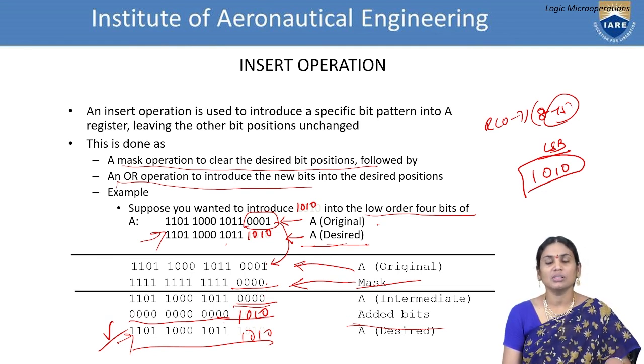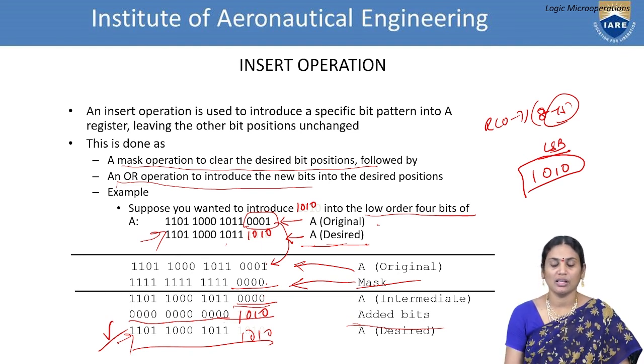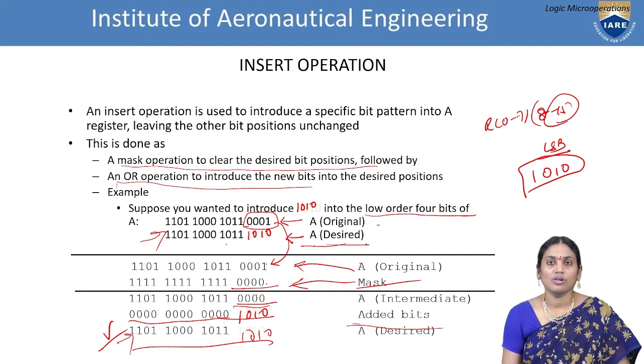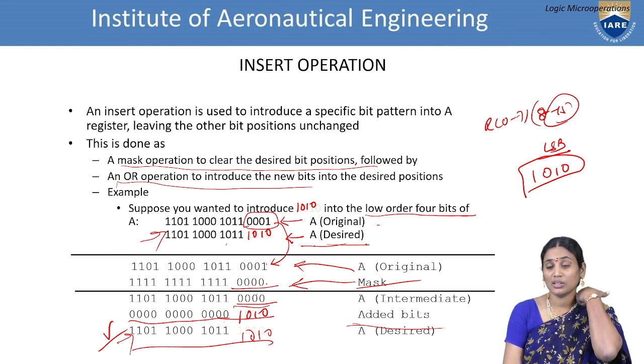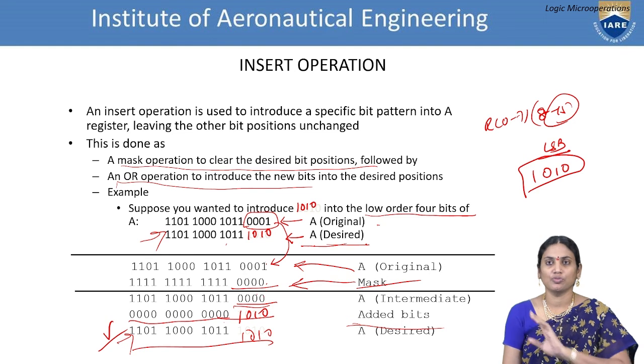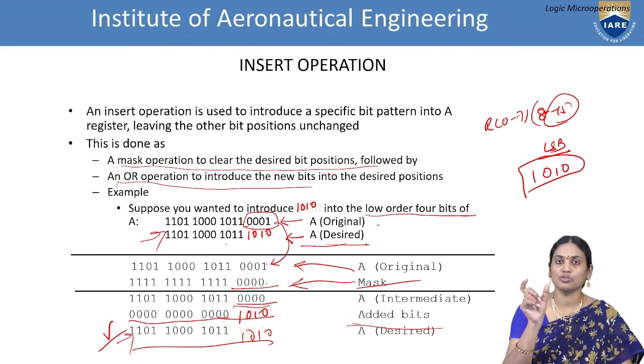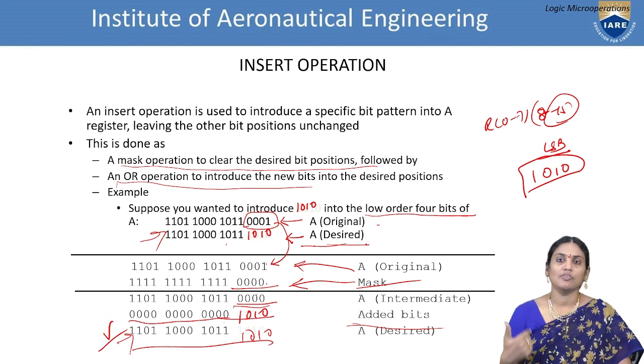Now we can observe the case where you are trying to introduce the number 1010 in the low order 4 bits of register A, which has some other original value. This should be replaced with 1010 in the last 4 bits. In order to do that, we first have to convert the last 4 bits to 0, then insert the new value.